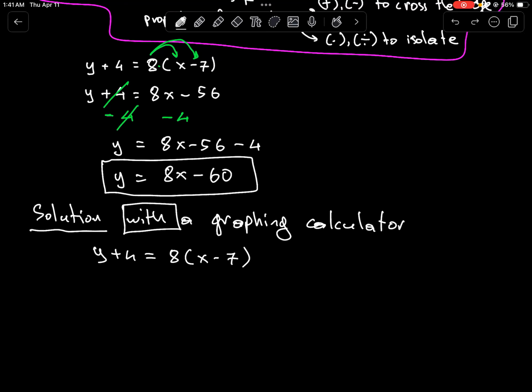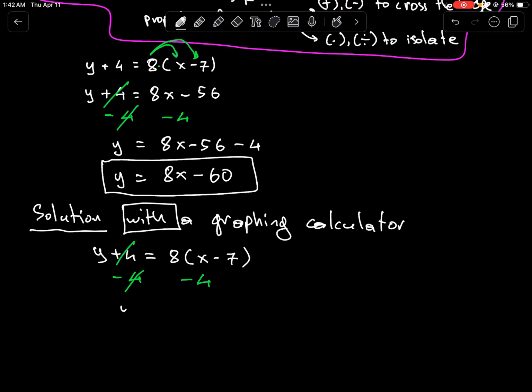So the only thing that needs to be done here to isolate the y is this plus 4 needs to go. So how do I get rid of this plus 4? Of course, I'm going to subtract 4. This is the subtraction property of equality, but that's all I care about in this solution.